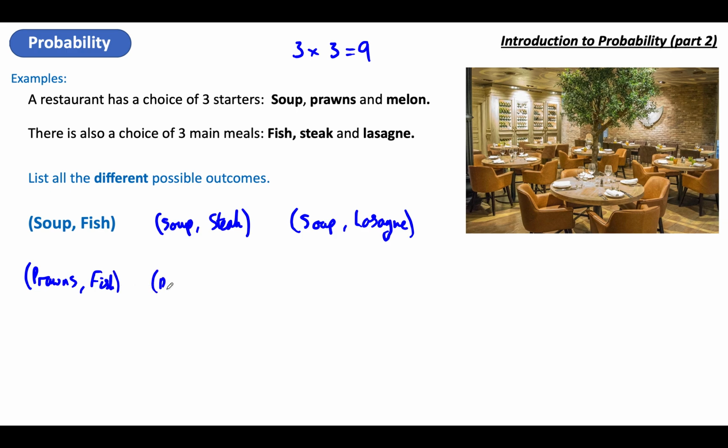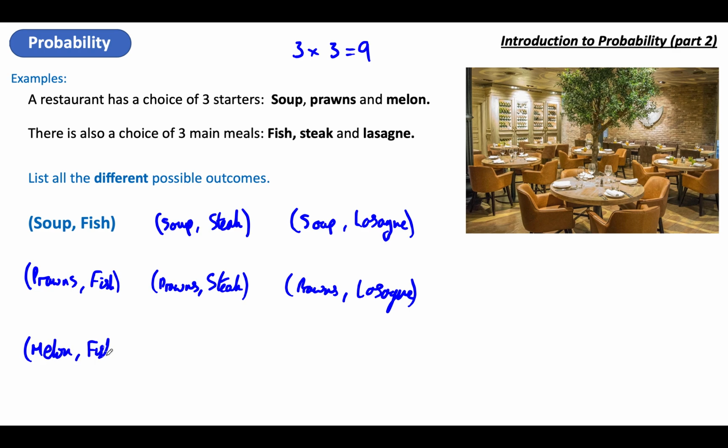And then we'll go prawns with steak. And then we'll go prawns with lasagna. Okay. So we've done all the prawn options. Let's go for the melon.